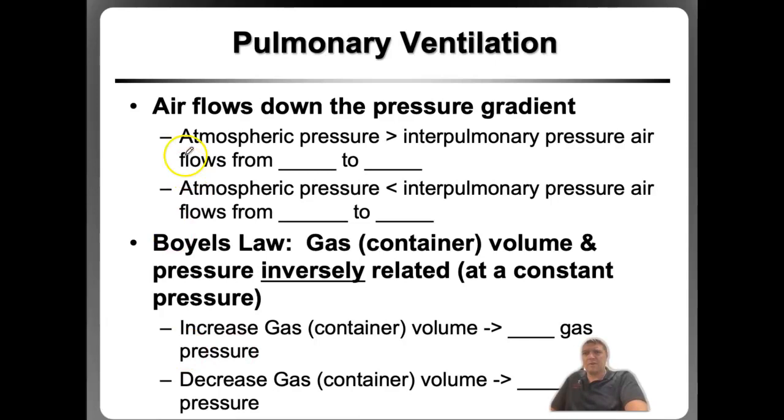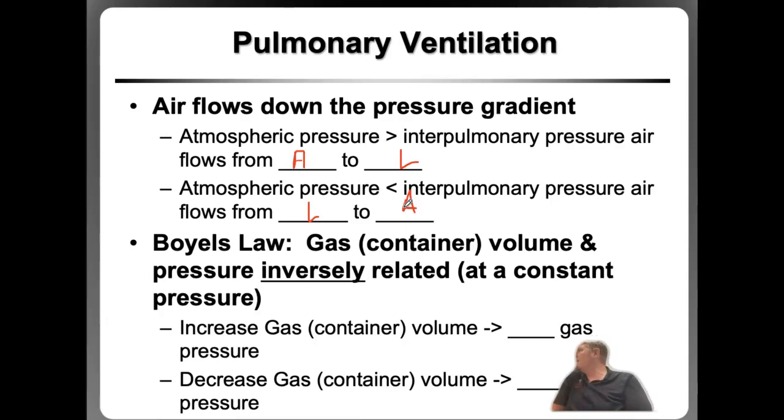If the atmospheric pressure is greater than the intrapulmonary pressure in the lungs, air is going to flow from the atmosphere to your lungs. When the atmospheric pressure is lower, then it's going to go from lungs to atmosphere. And everybody has done that however many times since you've been sitting here and I've been talking. You're breathing, and this is something you don't think about.